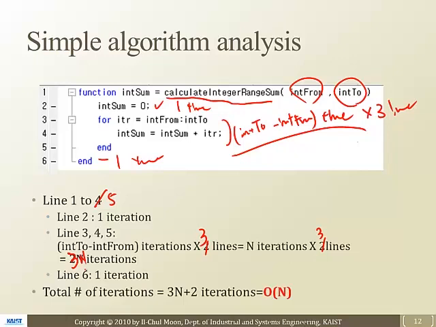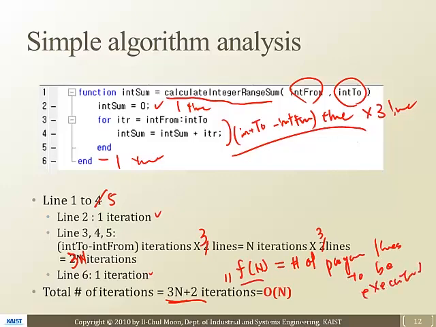Its total number of iterations is 3n plus 2. And this is a function of n, and this function equals the number of program lines to be executed, and we are going to define it as f(n).